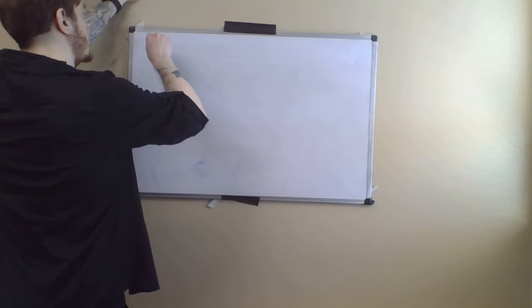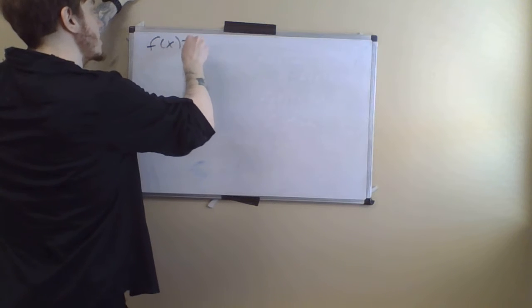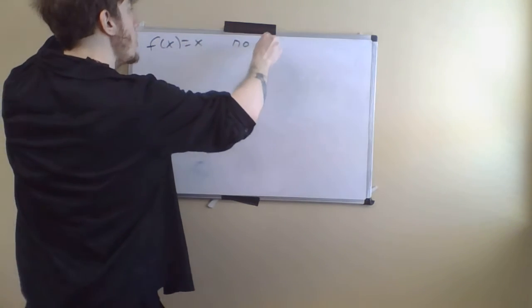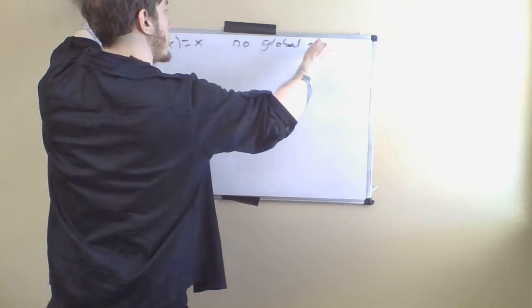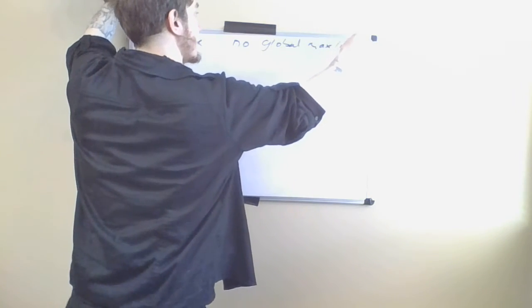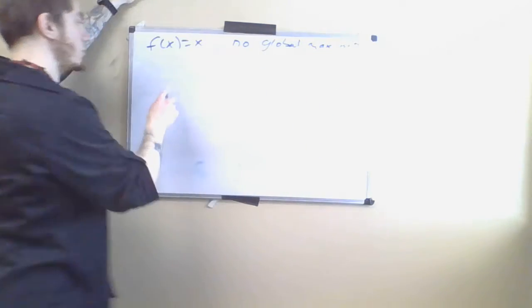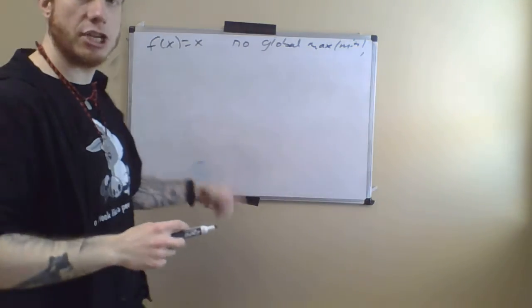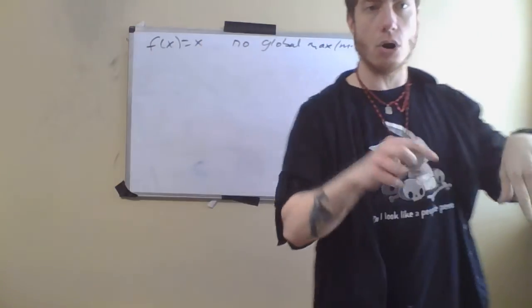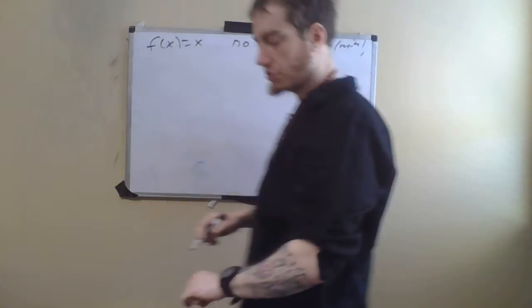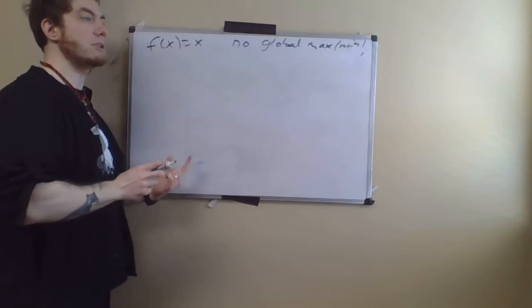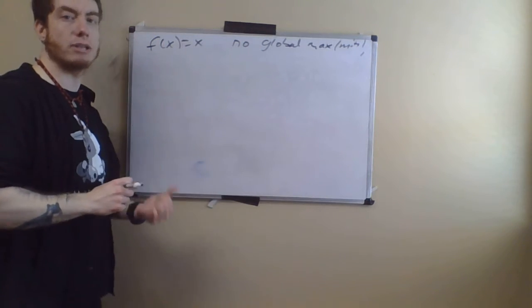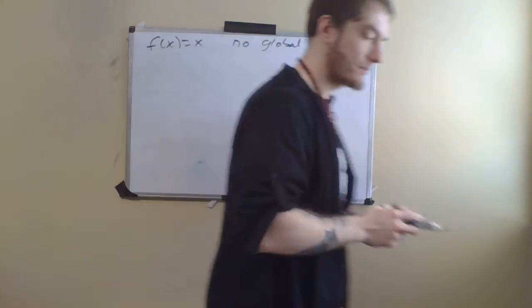For instance, f of x equals x has no global maximum or minimum. And the reason for this is because this function gets arbitrarily large and it gets arbitrarily negative. So there's no biggest value that it takes on. There's also no smallest value that it takes on.